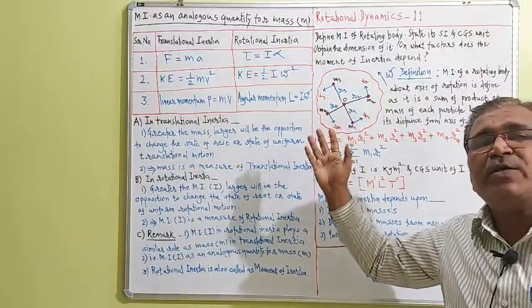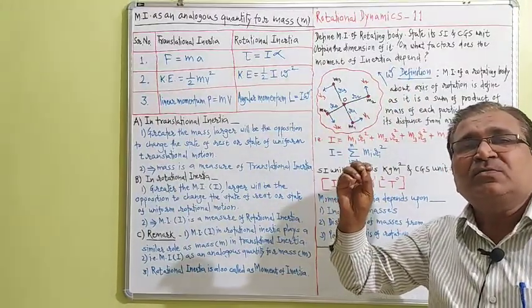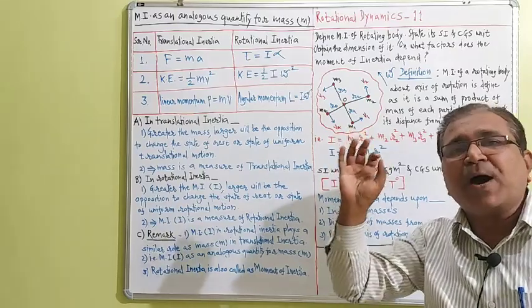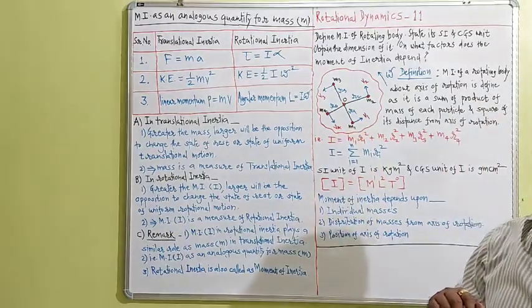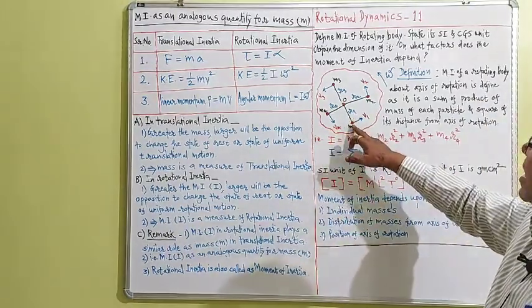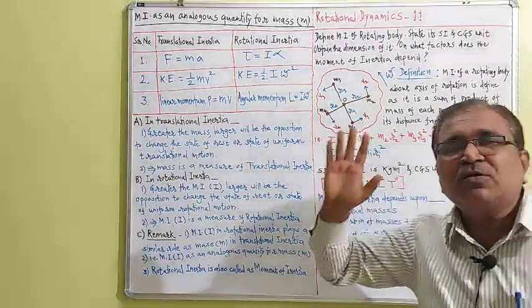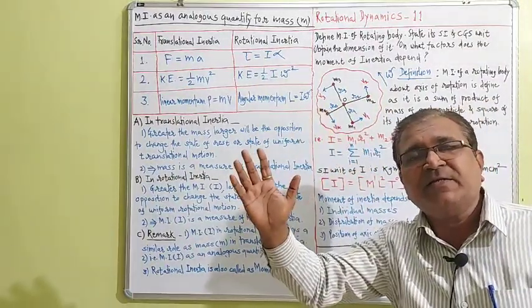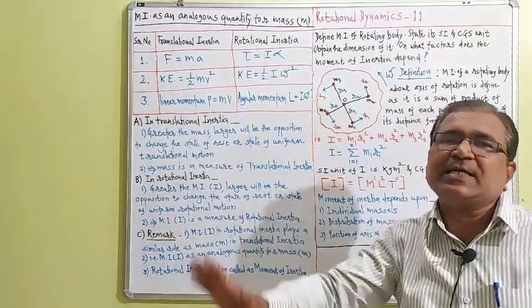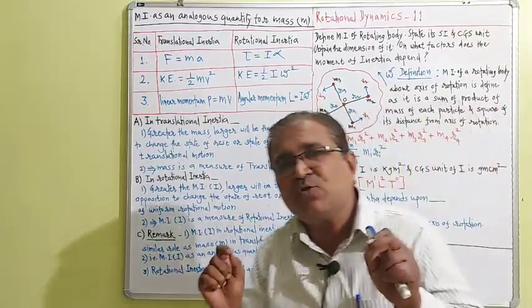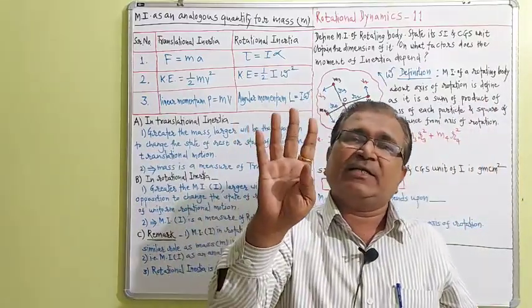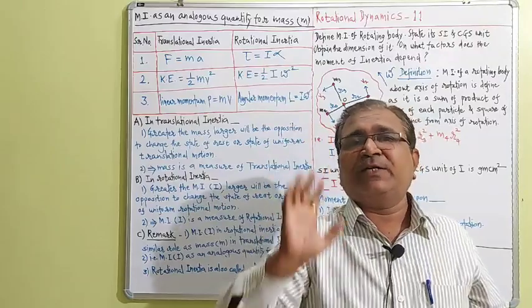This rigid body consists of n number of particles having masses m1, m2, m3, m4 ... mn. n number of particles are there, but I have shown only 4 particles to prepare our definition.